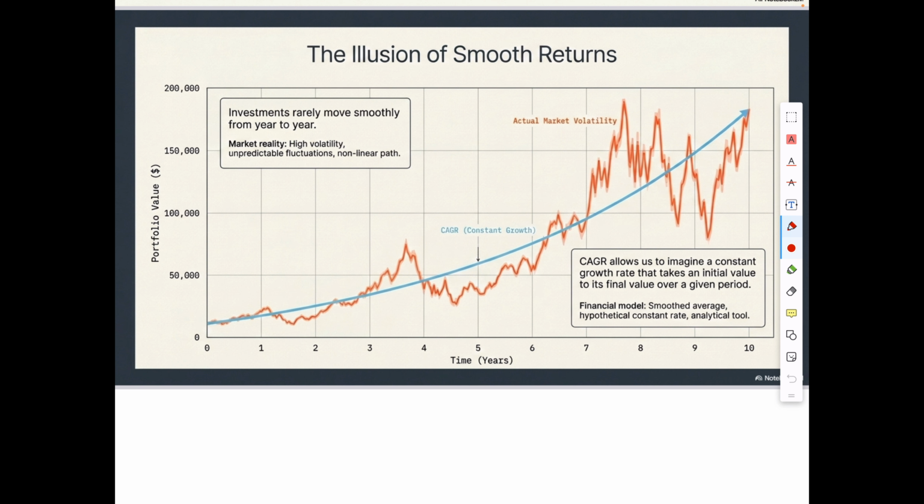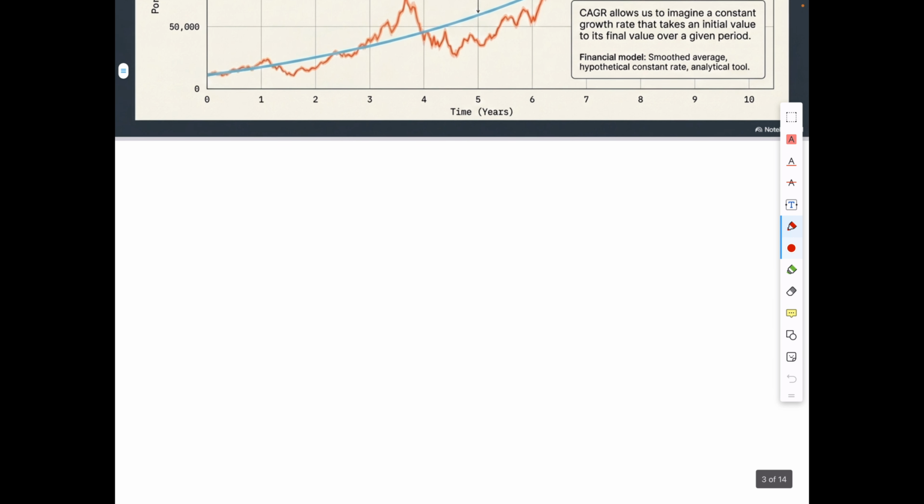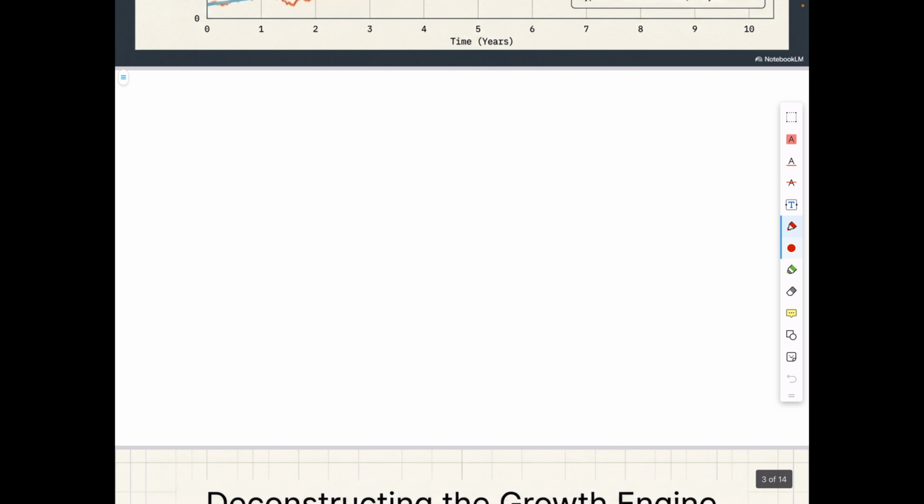Then from there, I will try to get a number, the growth rate, what we call the compounded annual growth rate. Basically it's just a simple number, good enough to help me understand whether my investment is doing well. So how do I get this CAGR? Very simple. I use my compound interest formula.